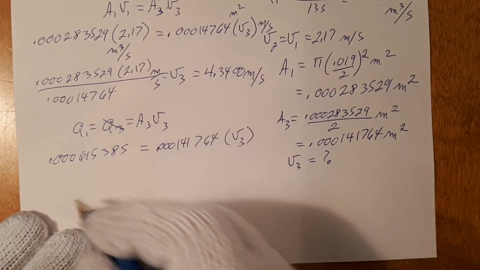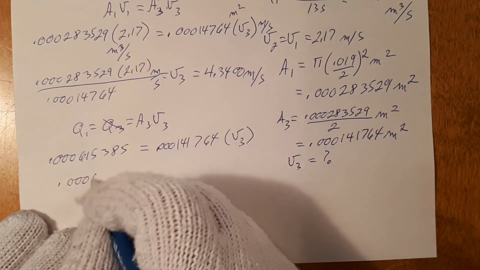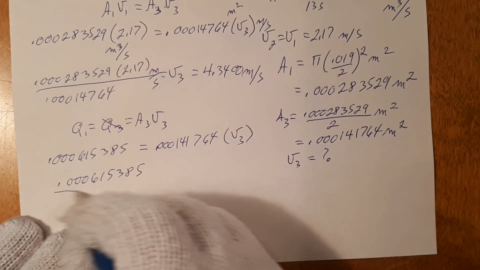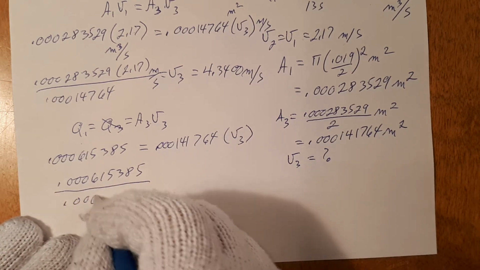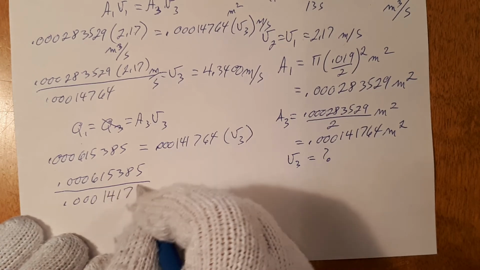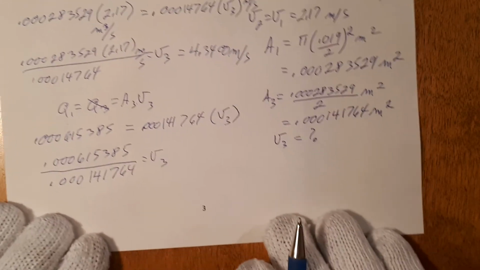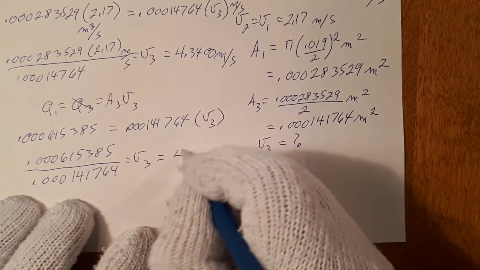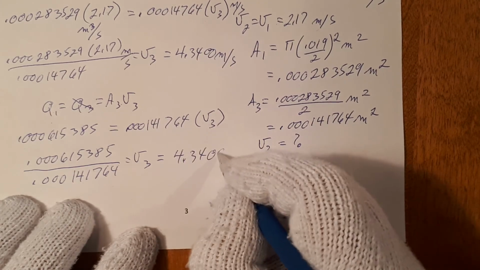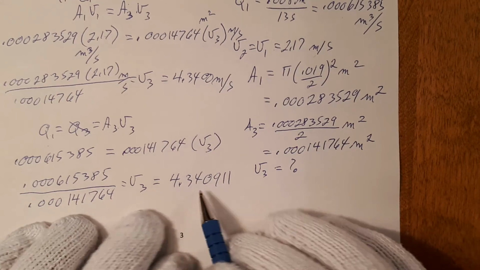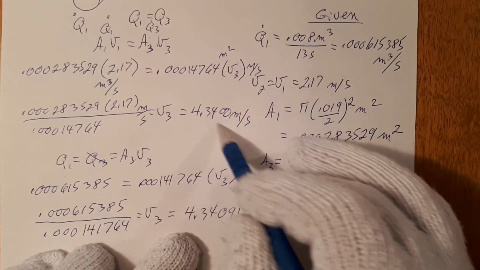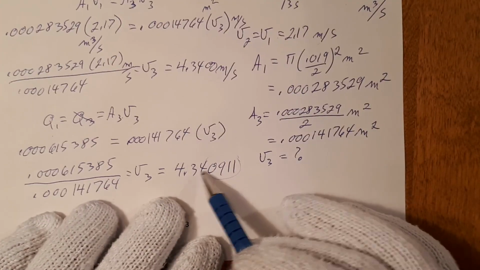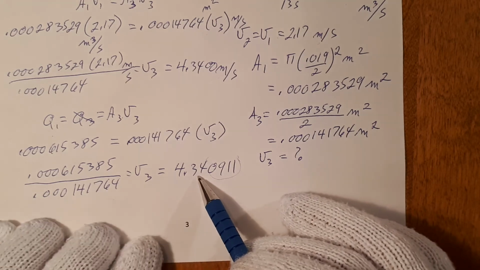Dividing both sides, 0.00615385 divided by this term, 0.000141764, is equal to the outgoing velocity. And doing this calculation, we get 4.340911. That little difference here and here, that's because of the rounding that was done here in velocity of 2.17. Otherwise, to two significant figures, the answer is the same.